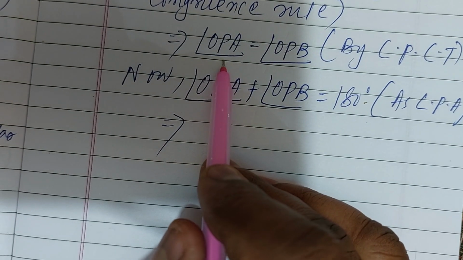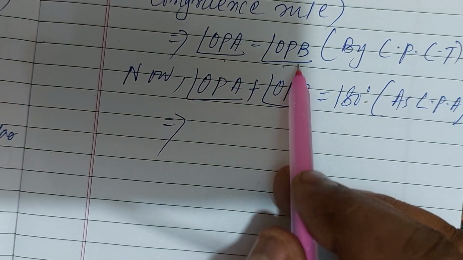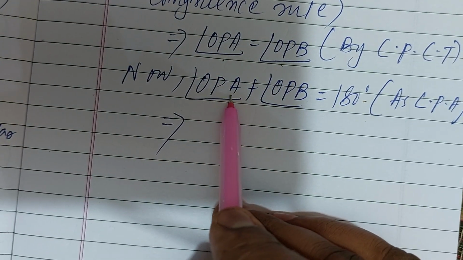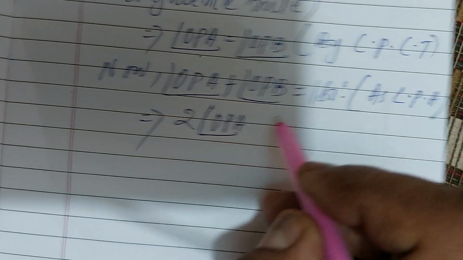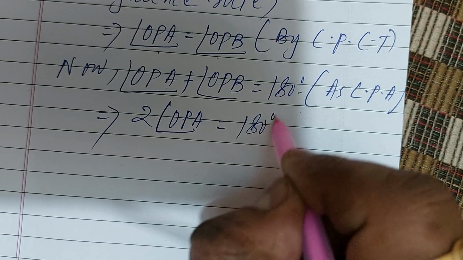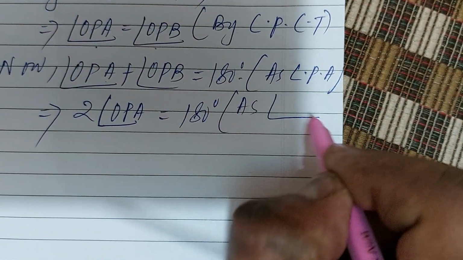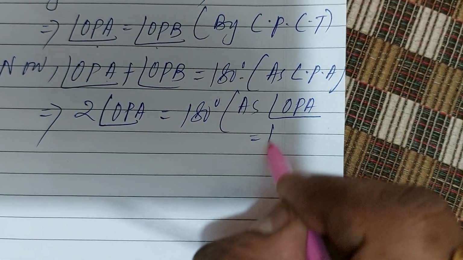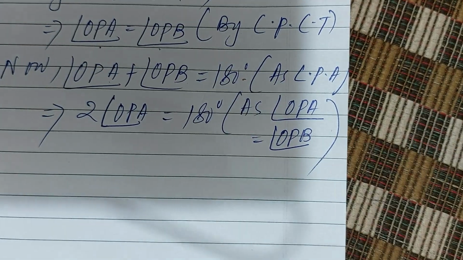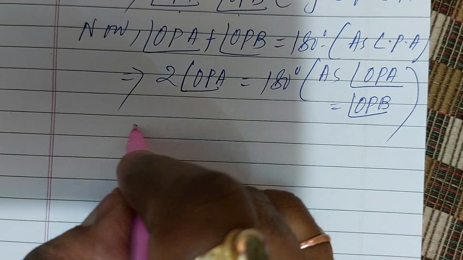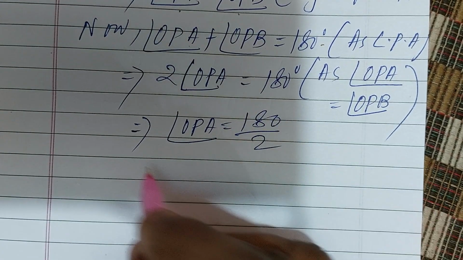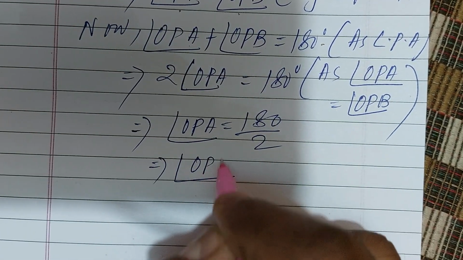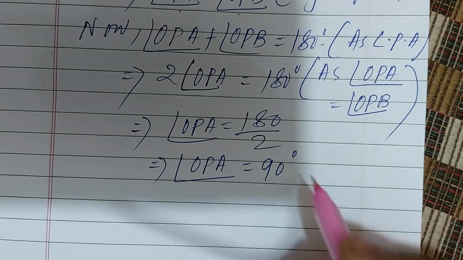As we already proved that OPA equals OPB, we can write twice angle OPA. So angle OPA is equal to 180 by 2, so angle OPA is 90 degrees.